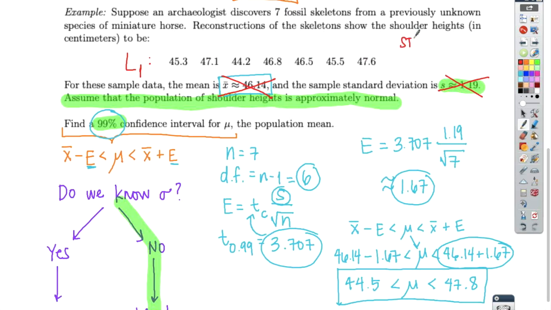You'd do stat, you'd do calc, and you would do one variable statistics. And you would get an entire list including the sample mean, including the sample standard deviation. So all they have to give you is the data. These extra statistics that you were given, the sample mean and the sample standard deviation, it's friendly if you're given that in a problem, but it's absolutely not necessary because we can find that at this point.